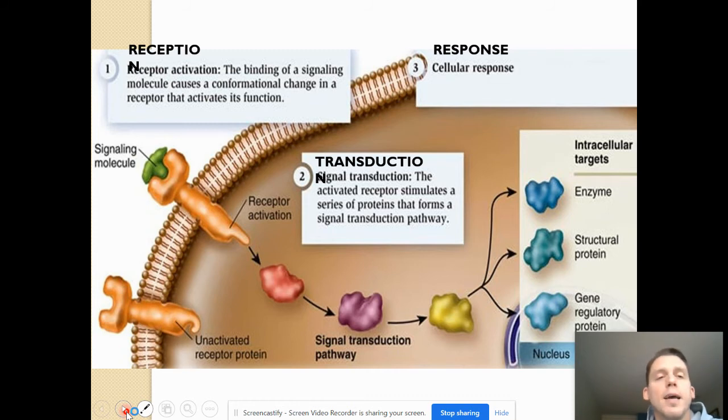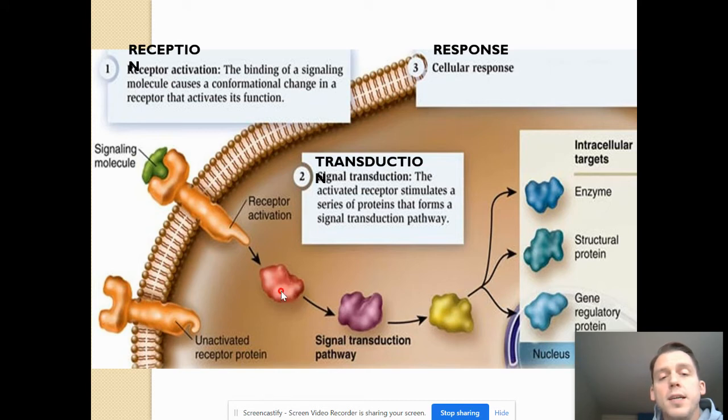Here we see some examples of a reception. So notice we have an unactivated protein. It's in the membrane. And when a signal molecule comes along, notice that a conformational change has happened on the cytoplasm side of that receptor. And what this is going to do is that this protein can interact with another protein and activate it, right?